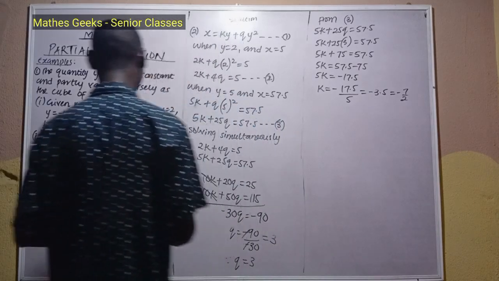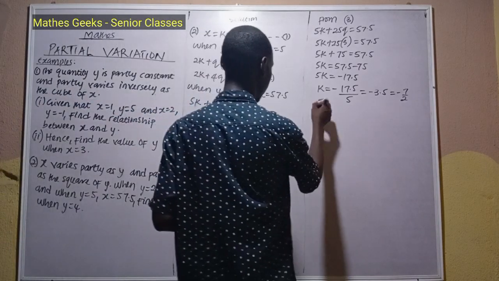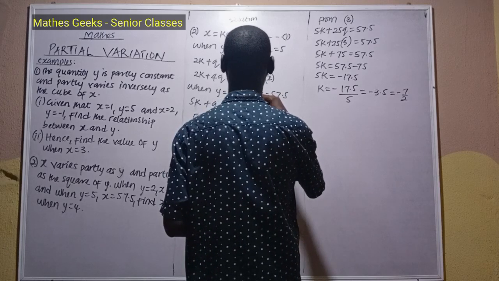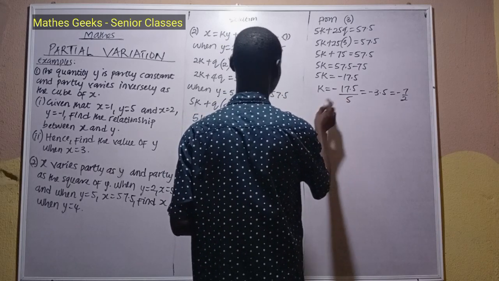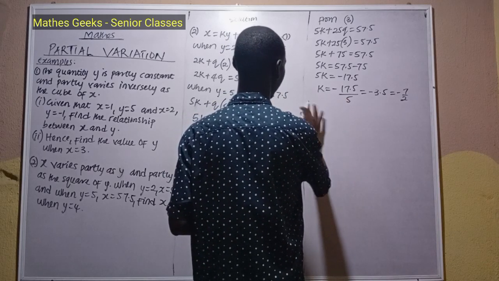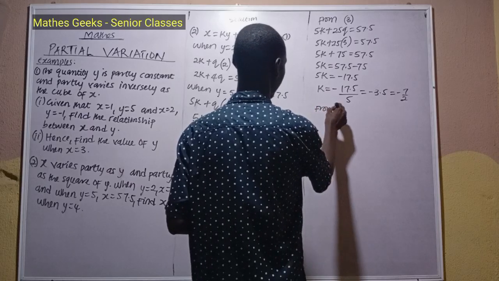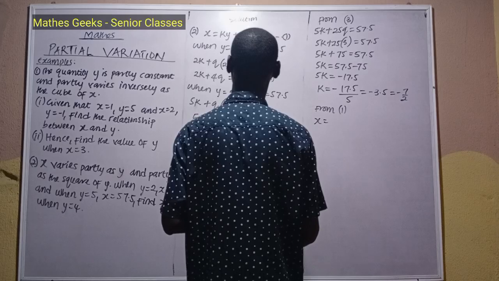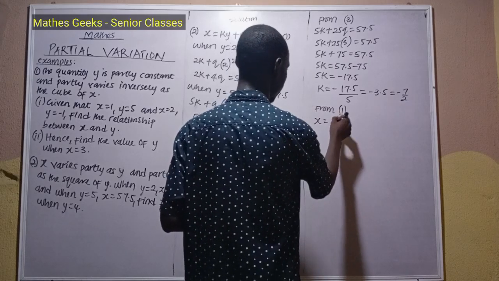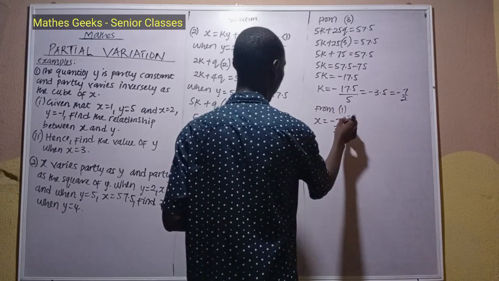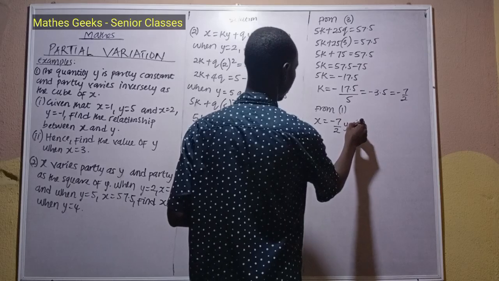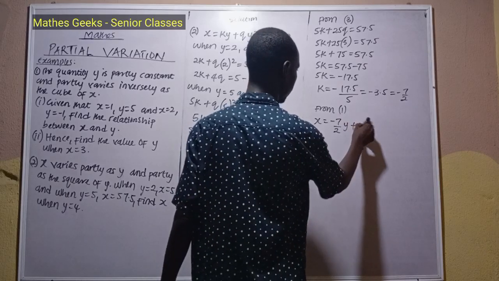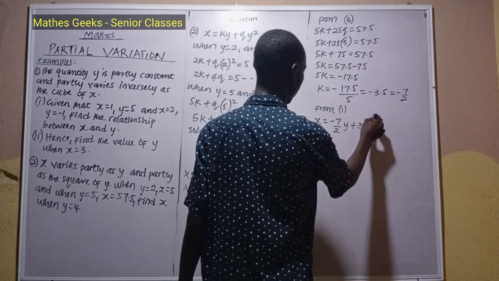So the question says, let's get the relationship between x and y. Therefore, from equation 1, x equals ky plus qy squared, which is minus 7 over 2 y plus 3 y squared.